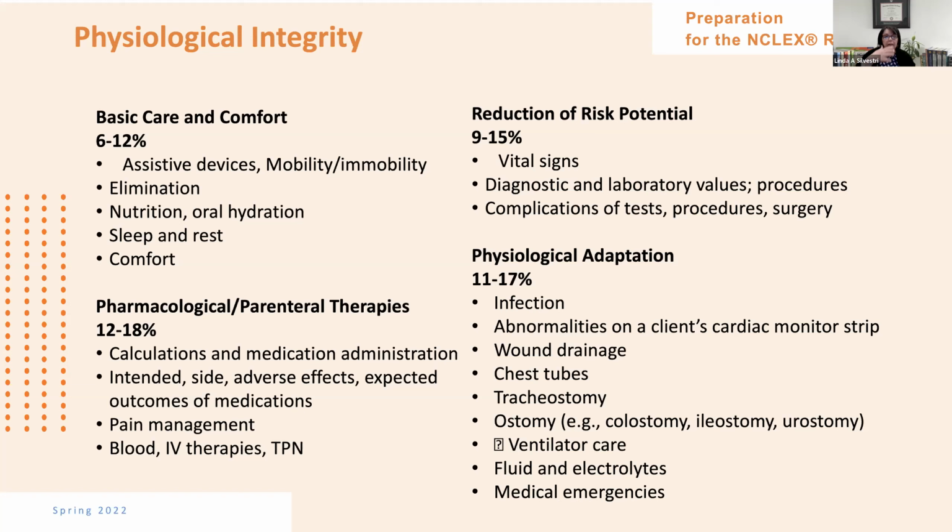And let's see, your reduction of risk potential. That's where your diagnostic and lab values come in and your vital signs and any complications of tests and procedures. And then your physiological adaptation area. This is also a very large area, as you can see, 11 to 17%.